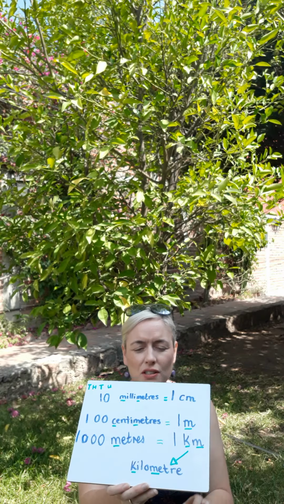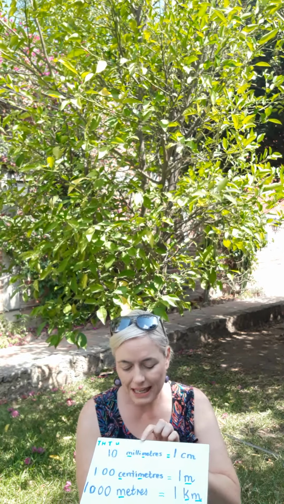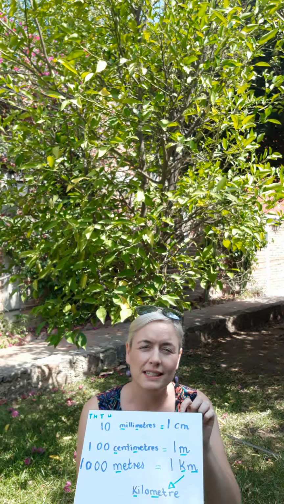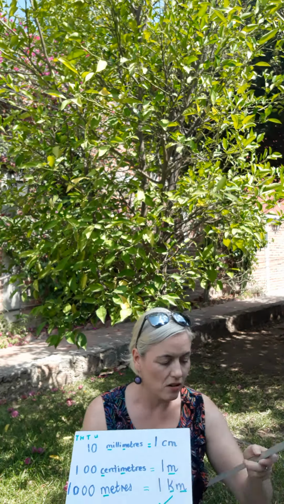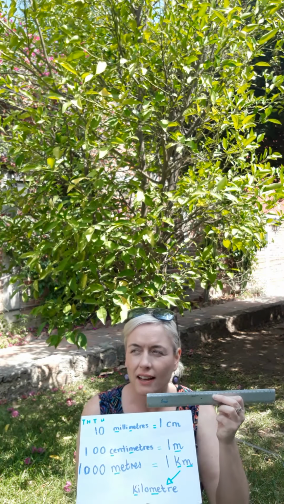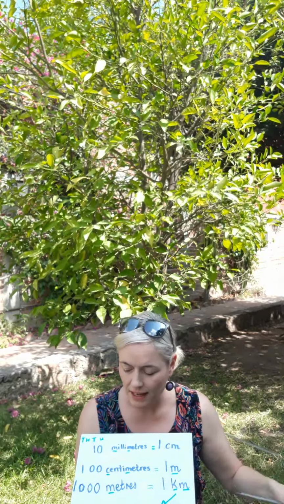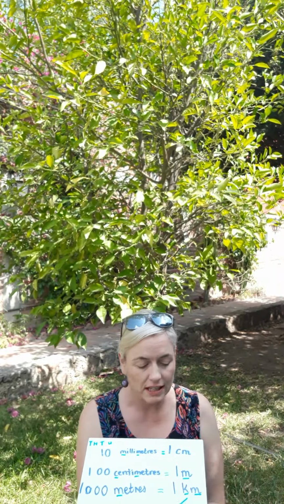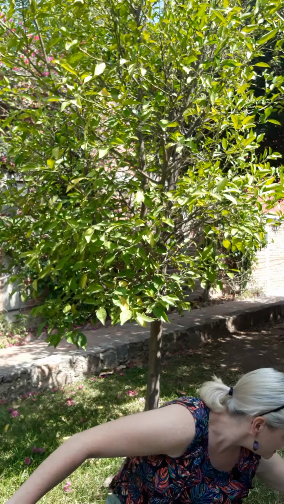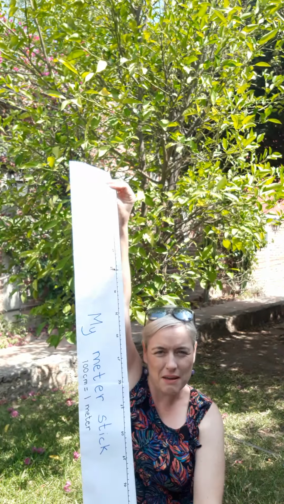10 millimeters, the little ones, 10 millimeters equals 1 centimeter. And you can see that on your ruler, the 10 little lines equal 1 centimeter. And then we know that 100 centimeters equals 1 meter. And I have my meter stick here that I made out of paper. 1 meter.